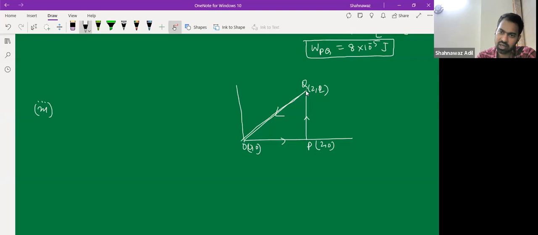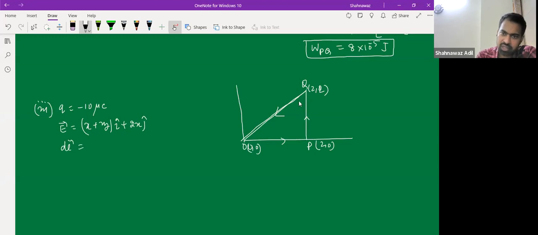Charge is here, and we are taking this charge from here to here. So Q is minus 10 microcoulomb. E is x plus 2y i hat plus 2x j hat. And dl.